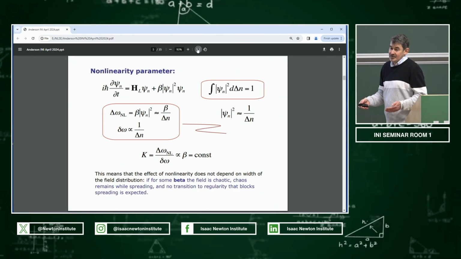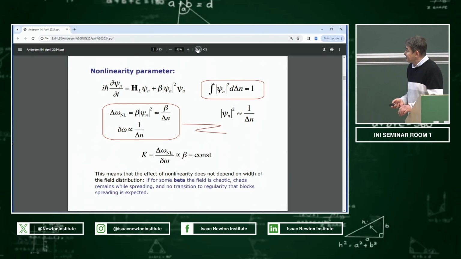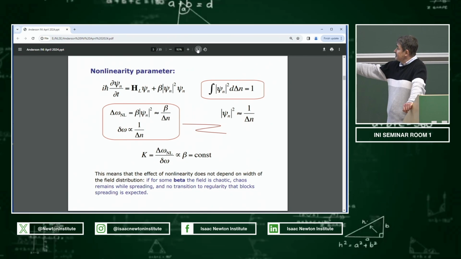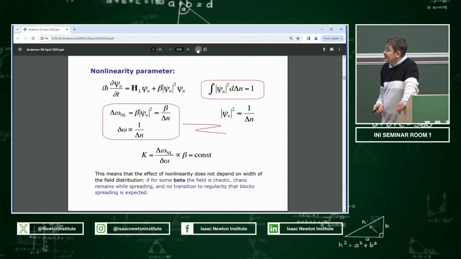If it can spread initially, it can spread up to infinity. And that was the main observation. So I think it was first Shepelyansky to note that with quadratic nonlinearity in the nonlinear Schrödinger equation, you get chaos, which, if it is there, it is there. It's preserved while spreading.